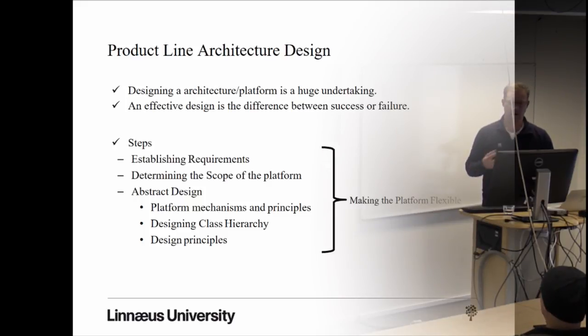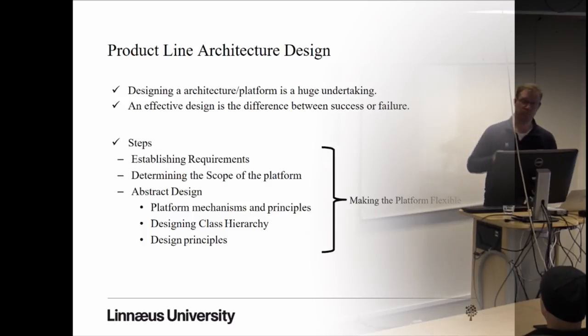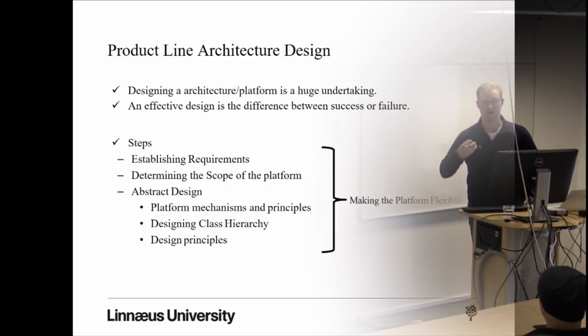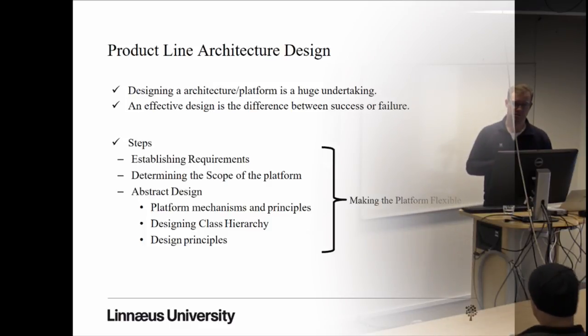We talked about determining the scope, but then you need this abstract reference architecture, this platform design that includes the variation points represented by runtime or variability mechanisms, different design principles. You need a class hierarchy typically for the variants of your components. You need design principles so that people can design their own plugins or components to extend.